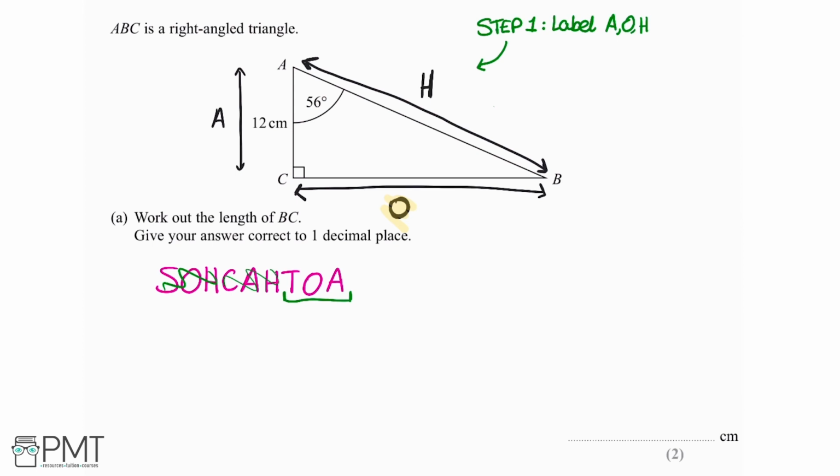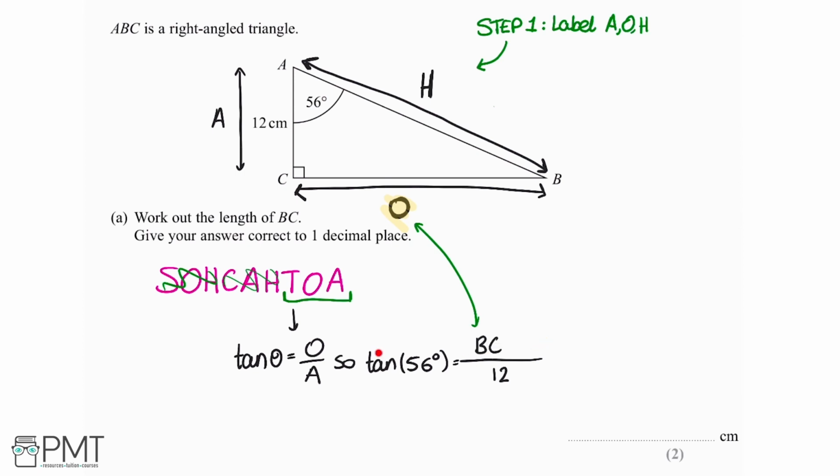What this essentially means is tan of some angle is going to equal the opposite over the adjacent. So in our case, we've got tan of 56 degrees equals opposite, because we don't know that yet, over adjacent, which is 12. What is the opposite side? That is the length that we want to work out, BC.